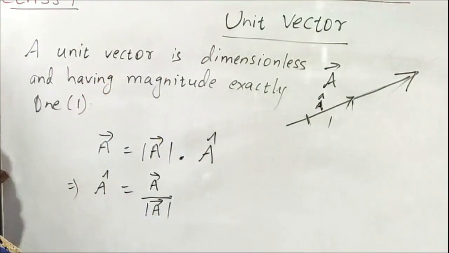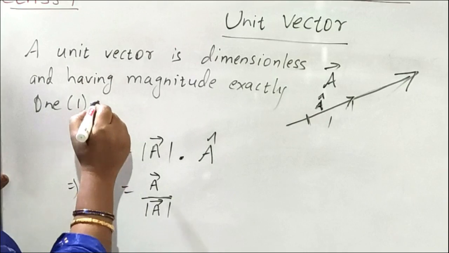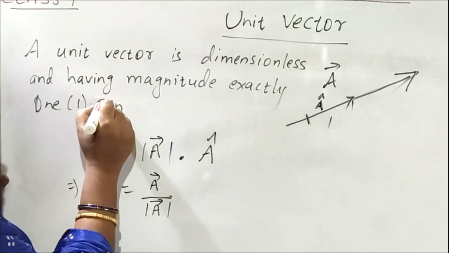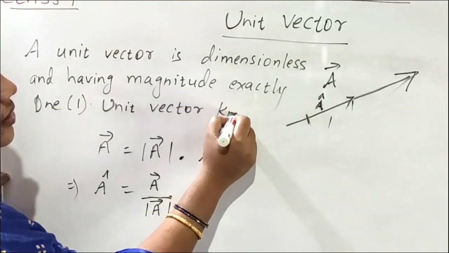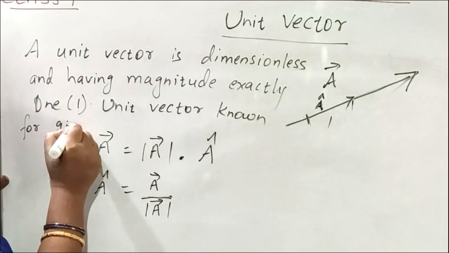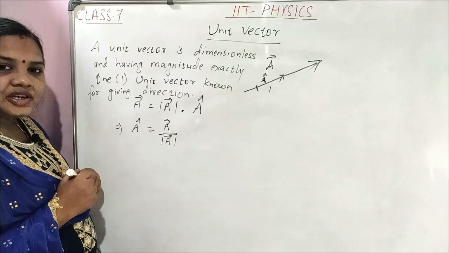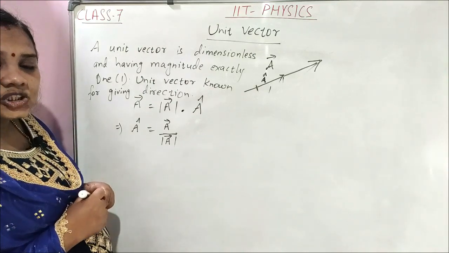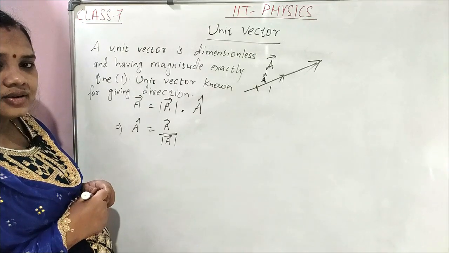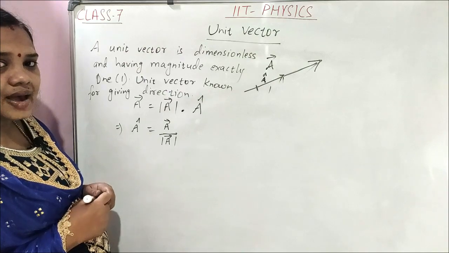So a unit vector is known for giving direction. Okay children, a unit vector in the direction of x is known as x cap.